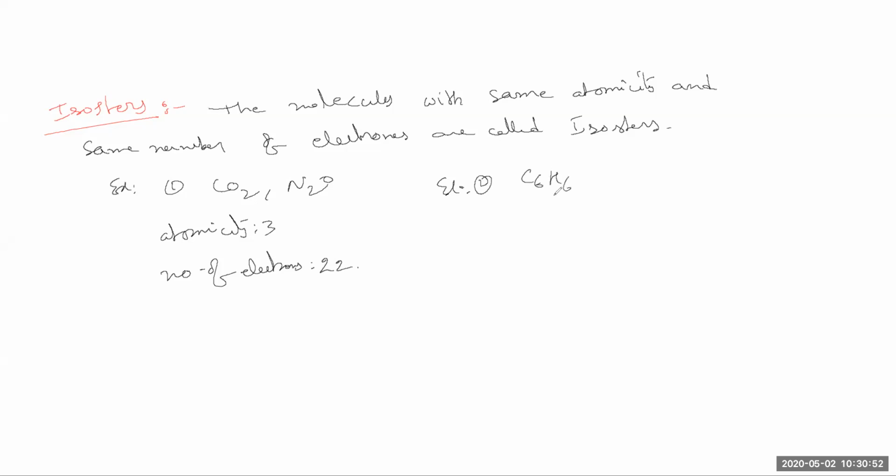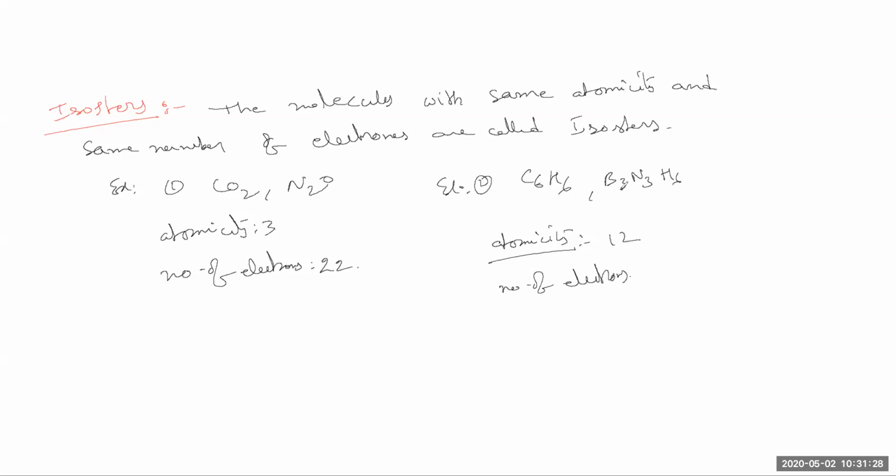Next, example 2: C6H6 benzene and B3N3H6. You know what B3N3H6 is? It is also called inorganic benzene. Atomicity, the number of atoms present in the molecule, is 6 plus 6, 12. Now the electrons.